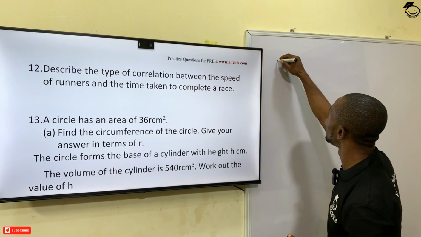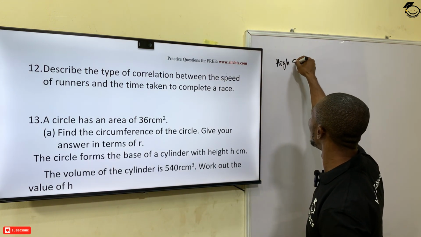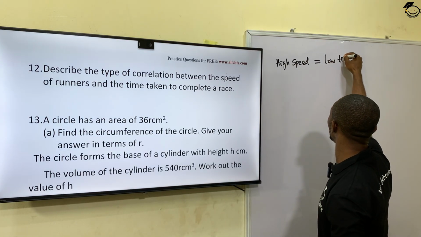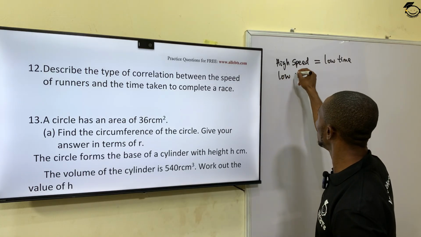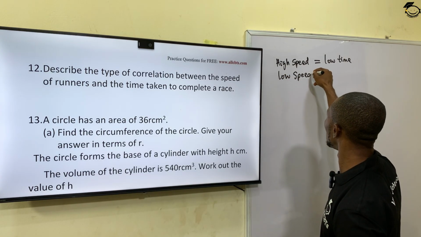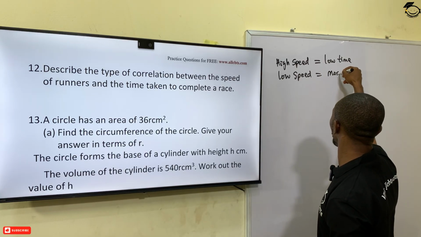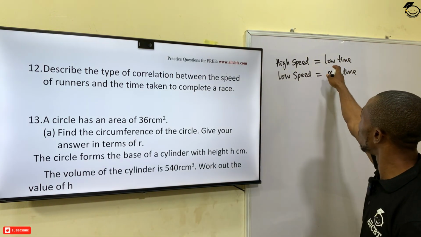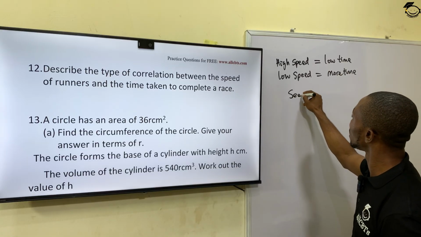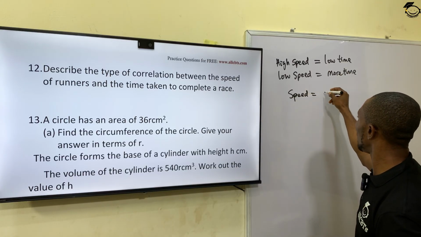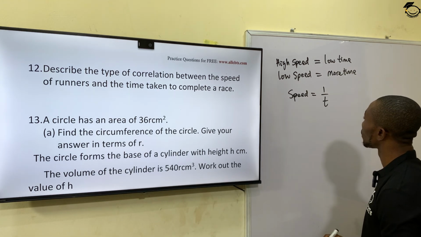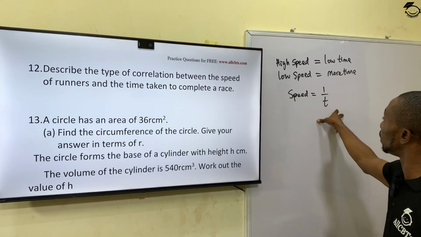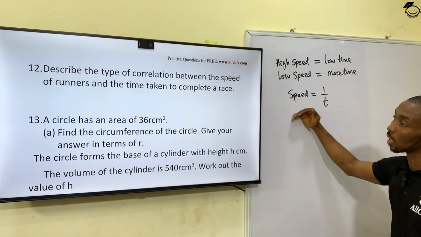So if we have high speed, that means low time, and low speed means more time. Now from this, we can see that this is inverse of this. So speed, we can say, is inverse of our time. For our speed to be more, then our time has to be low. Then if our time is more, then our speed has to be low.